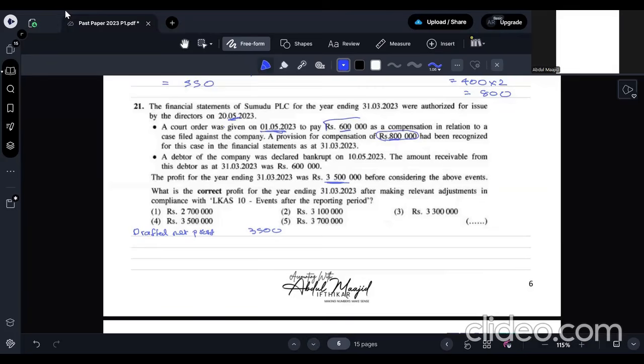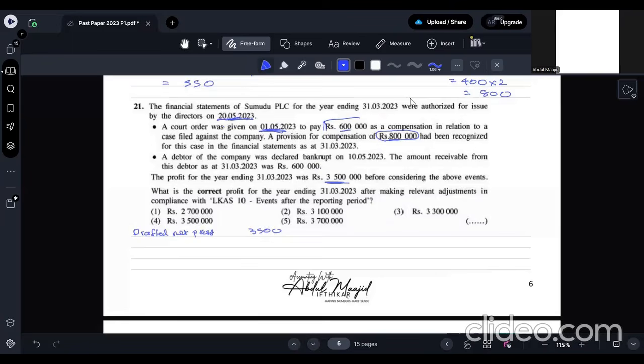Okay, so the court order was given on 1st of May, and the directors authorized the financial statements on 20th of April. Therefore, this is an event after the reporting period but before the approval date, so you have to adjust this.